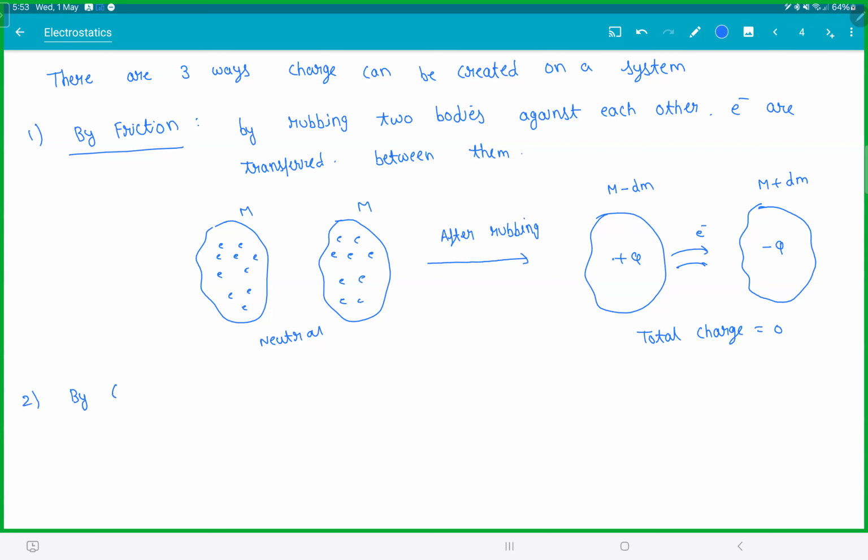The second thing is by conduction. When two conductors are brought in contact, charge transfers till the potential becomes the same.